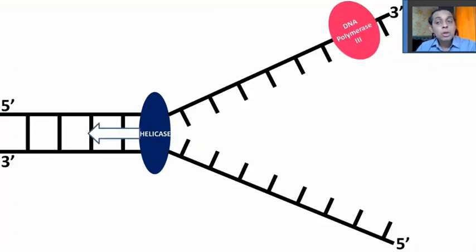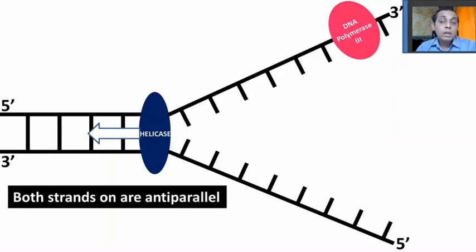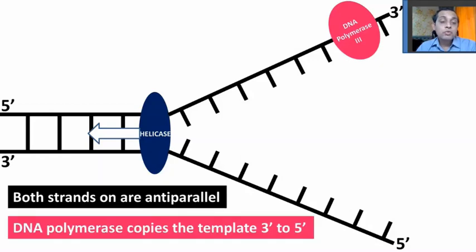So as you understood, this DNA polymerase always synthesizes the new strand in the direction of 3' to 5' on the template. But remember, when both the strands of the DNA are parallel, the replication of both the strands also is going to be parallel but in opposite direction.